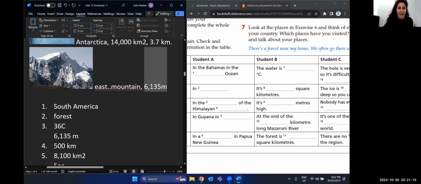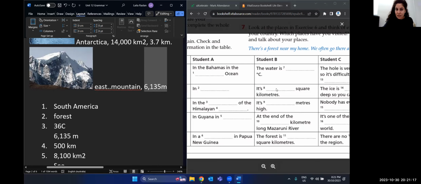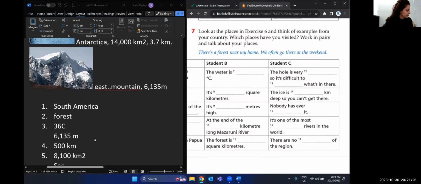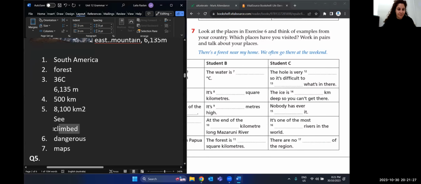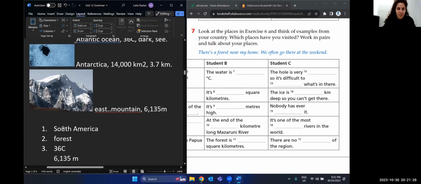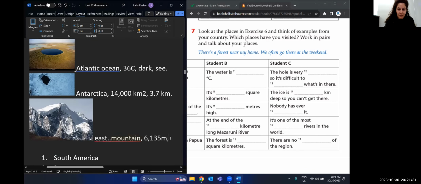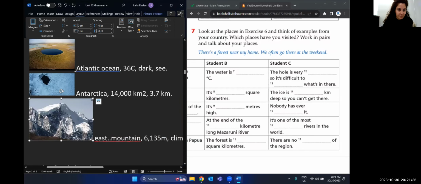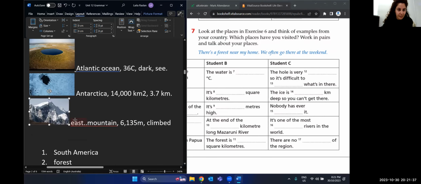It's quite high with ice. 6,135 meters high. Nobody has ever climbed it. Nobody has ever climbed it in history. It's impossible.